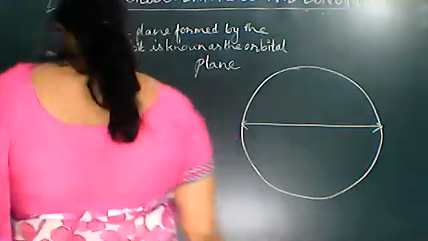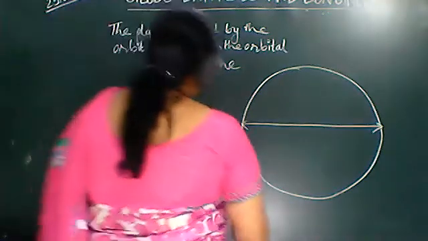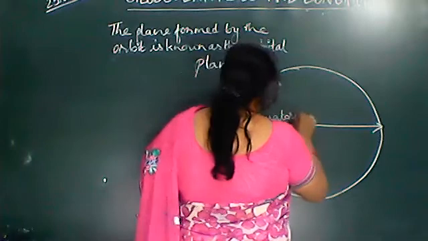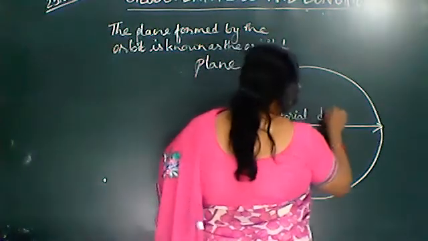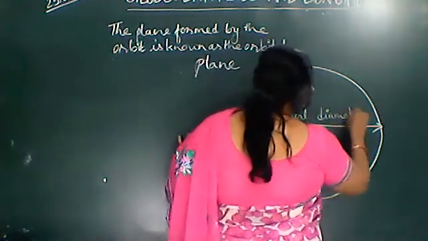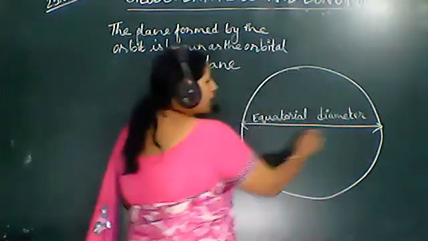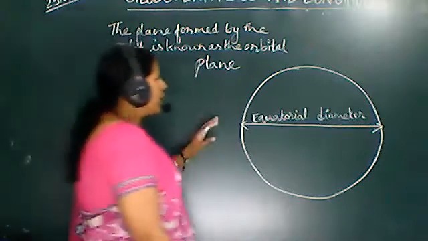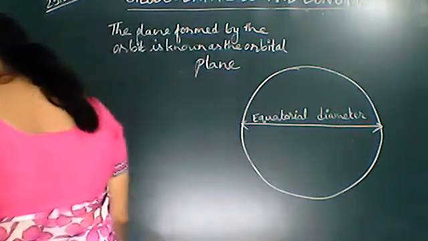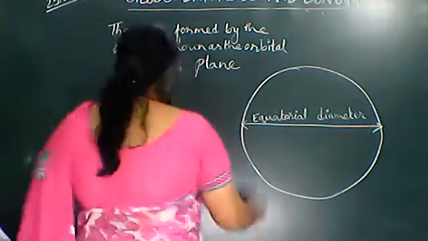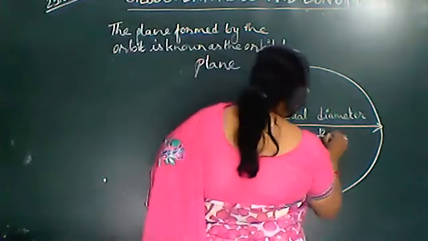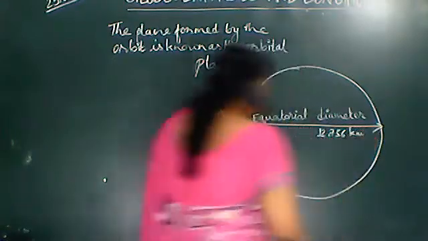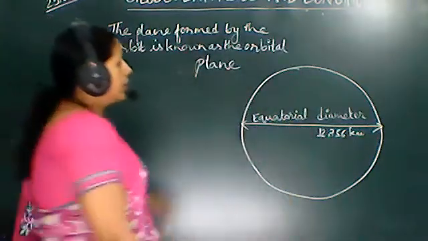This is the equatorial diameter. The equator is the imaginary line which divides the earth into two equal halves. The equatorial diameter of the earth is 12,756 kilometers.